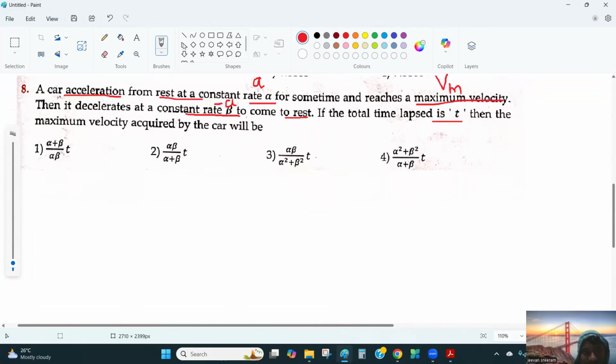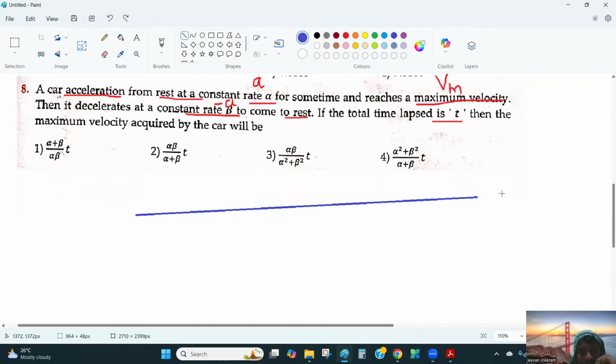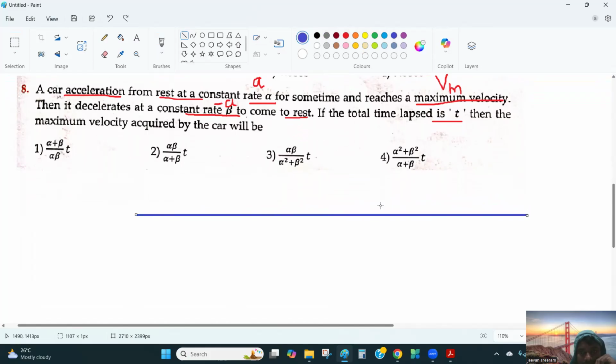Solve this. Initially it started from rest, so I should take u equal to 0 and it is accelerating with acceleration.